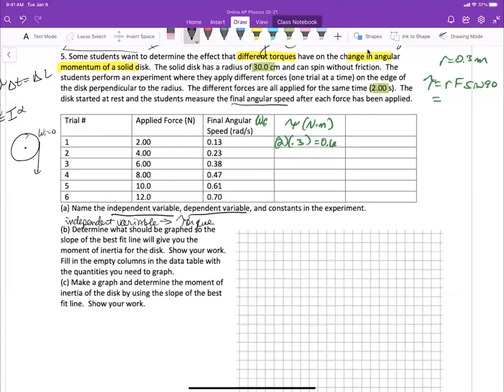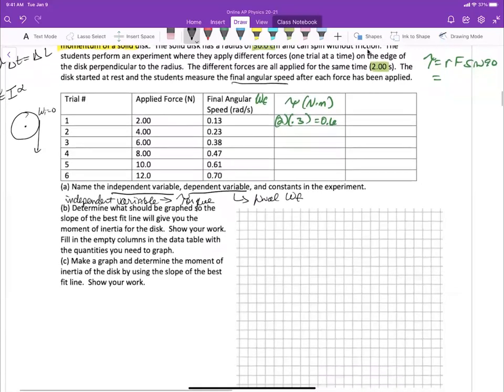And the dependent variable is what we're measuring, which is the final angular velocity. What is constant? Well, we kept the time constant. The moment of inertia, or the disk's rotational mass, was constant, and the radius of the disk was constant.